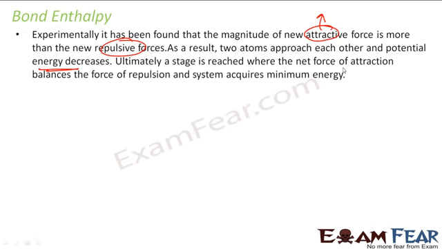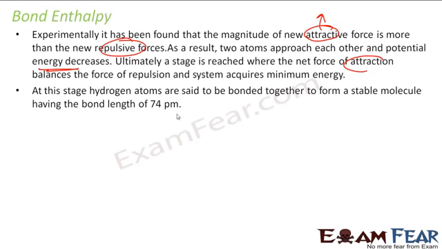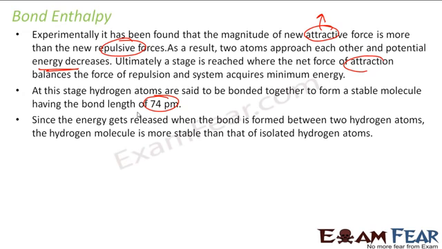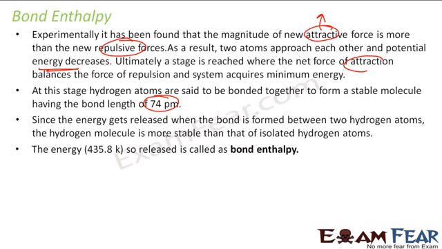Ultimately, I show you the stage where the net force of attraction balances the repulsion force, and this attains a minimum energy. At this stage, the distance between two hydrogen atoms is 74 picometer, and that's why the bond length of hydrogen is 74 picometer. Since energy is released, the H2 molecule is more stable than isolated hydrogen atoms. So two atoms become a molecule and energy is released, so it is more stable.